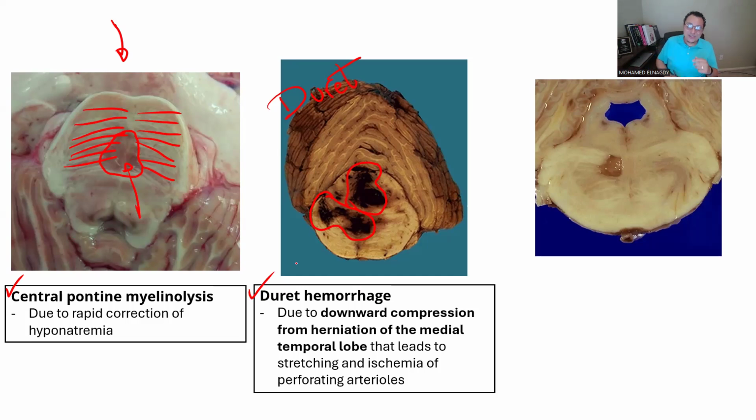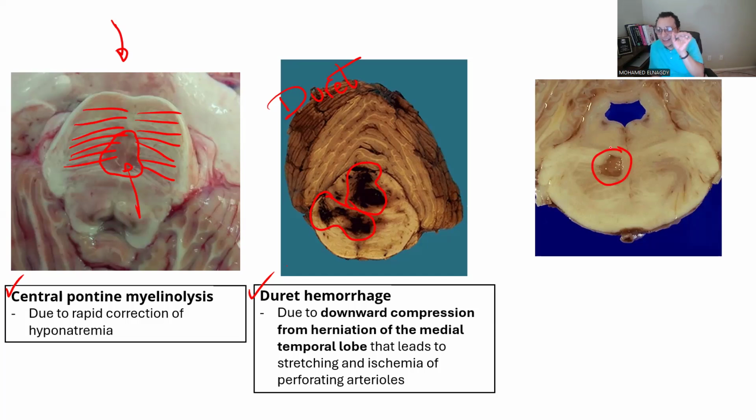All right, so this is Duret hemorrhage. It is due to downward compression or downward herniation, and this leads to stretching and ischemia of the perforating arteries which supply the pons, and this leads to pontine intraparenchymal hemorrhage, as you see right there. See this area of moth-eaten pons?